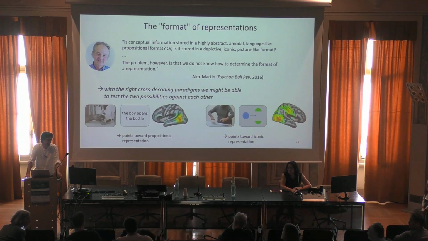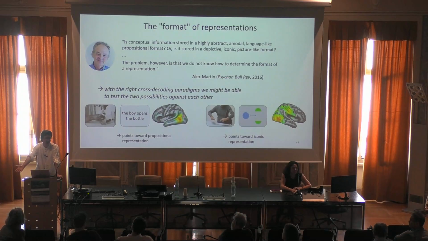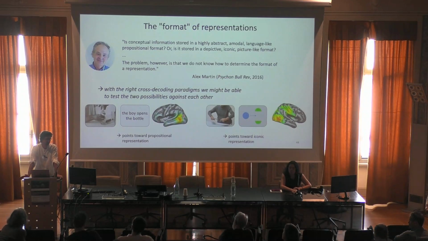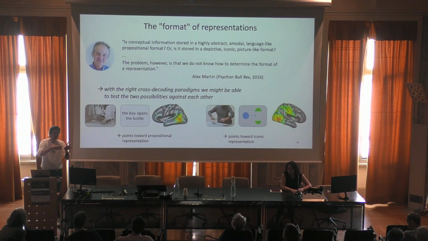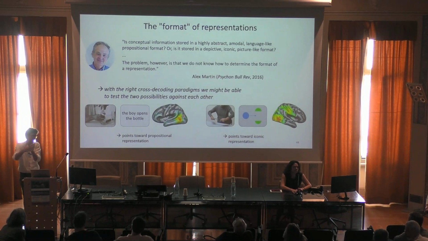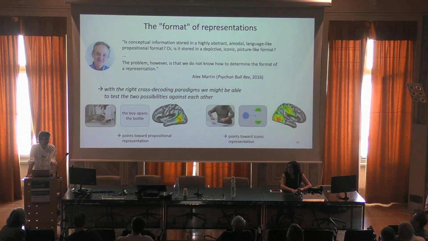Which kind of brings me back to the question of why, then, is it conceptual? A brain region can contain different types of representation. So it can contain conceptual representations and, in an overlapping manner, also contain some neurons that are more specialized for perceptual features.